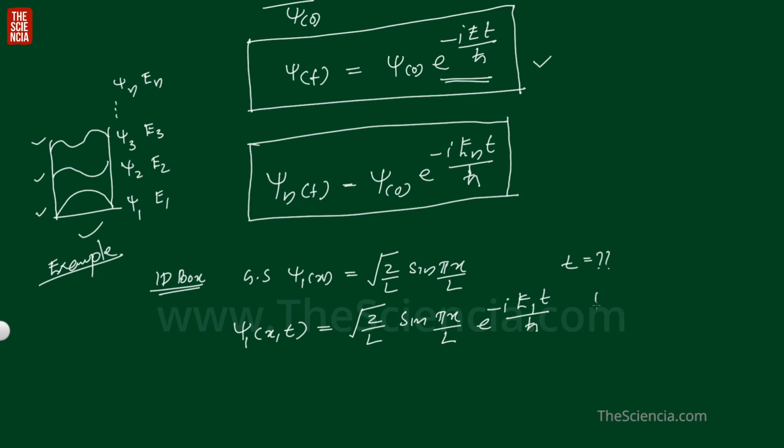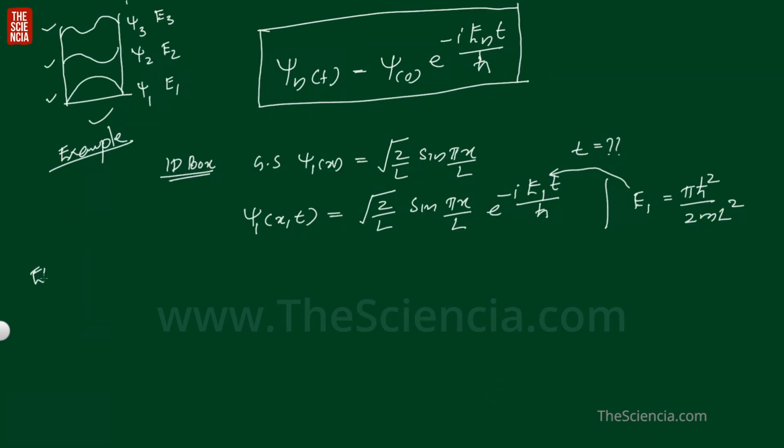And I tell you, for a 1D box, the energy E1 will be equal to π² h² by 2mL². So by substituting this value here, you get the exact expression for time evolution of the wave function. Now just by substituting the time value, you can find out the wave function at any time.